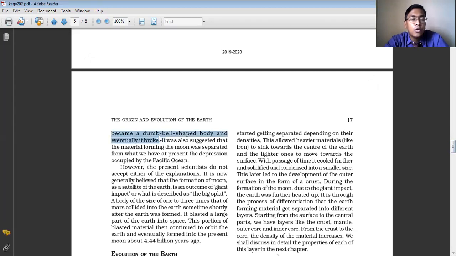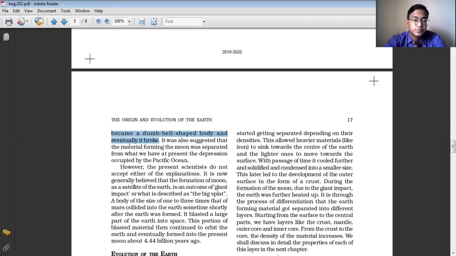When a particular object moves at a very constant speed, a dumbbell-like shape is formed, and after forming a dumbbell-like shape, a part of it broke out and got detached. This detached part started revolving around the Earth, and it led to the formation of the moon.